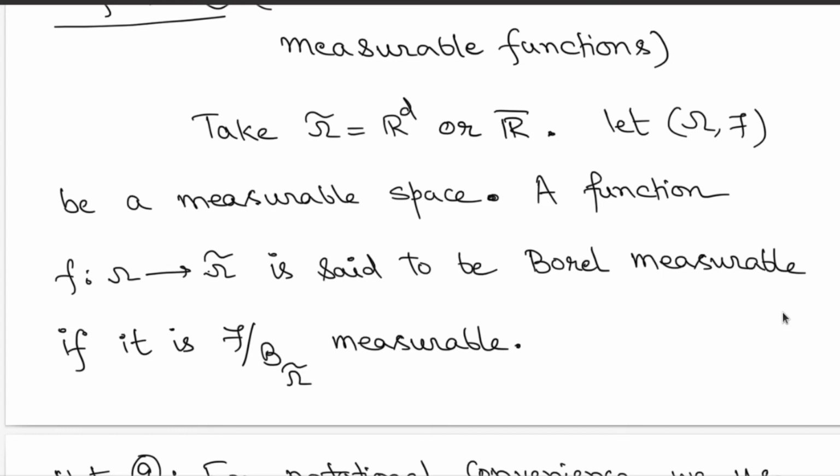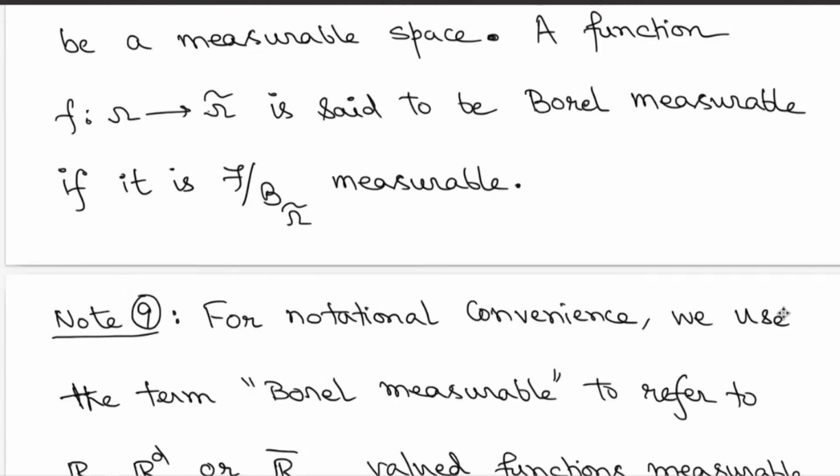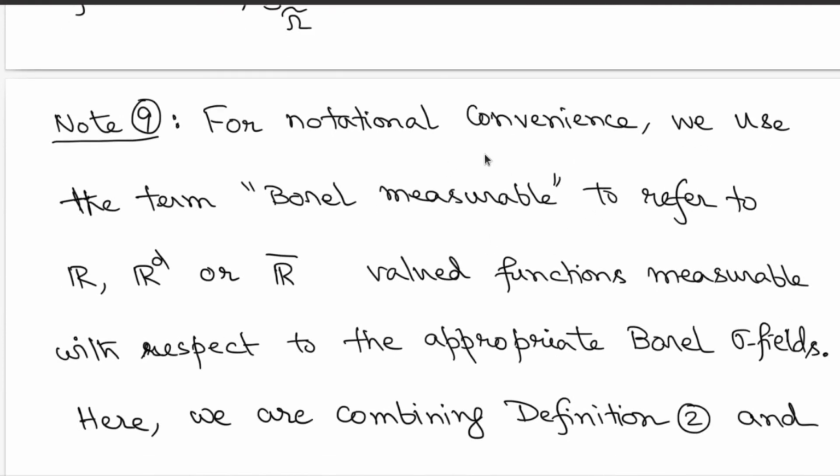It will be clear from the context what type of functions you are taking and in what kind of spaces the function is taking values. It could be the real line, it could be R^d, or it could be R bar. A clarification is needed at this point. For notational convenience, we are going to use the term Borel measurable to refer to functions which may take values in R or R^d or R bar.